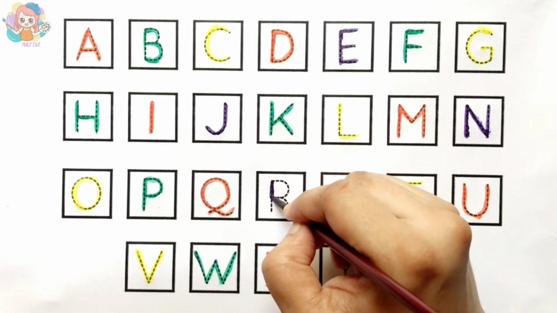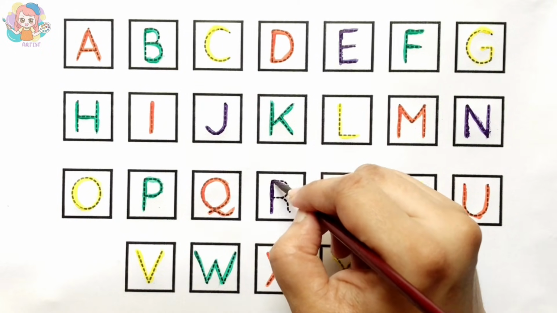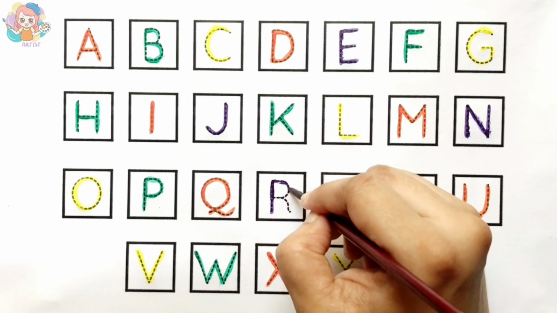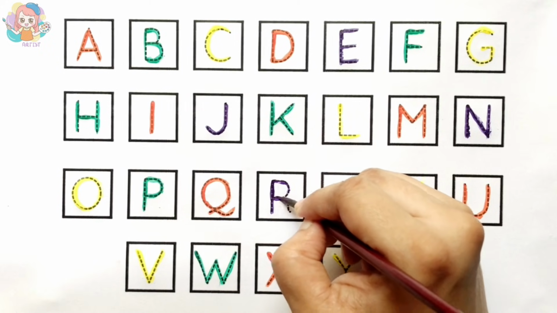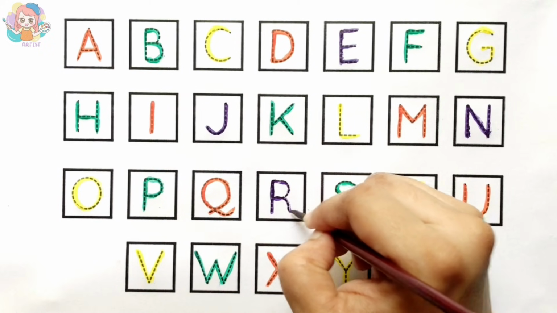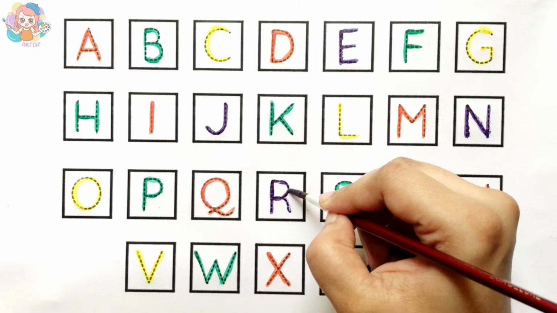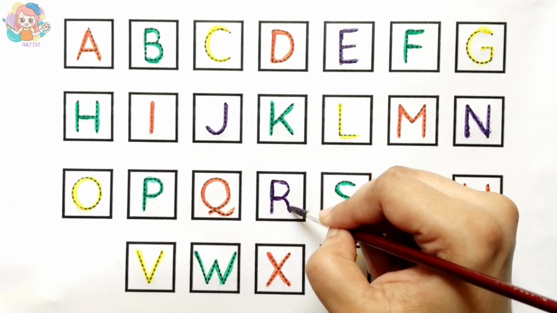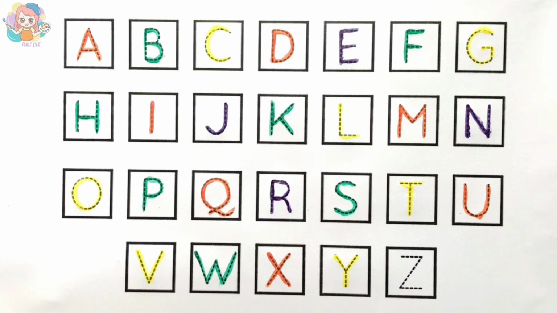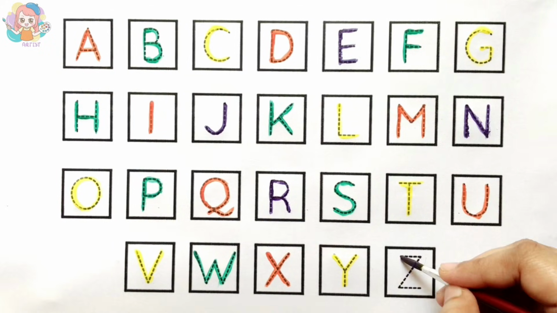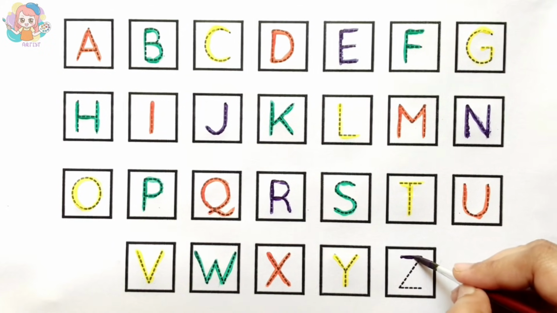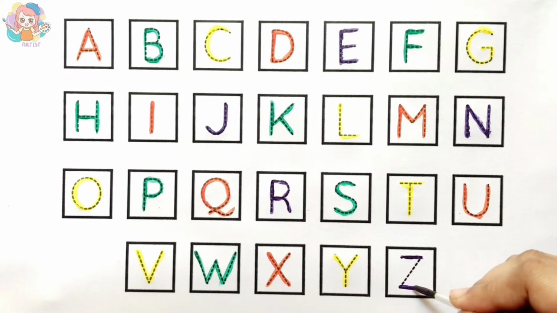R for rabbit. And last alphabet Z. Z for zebra.